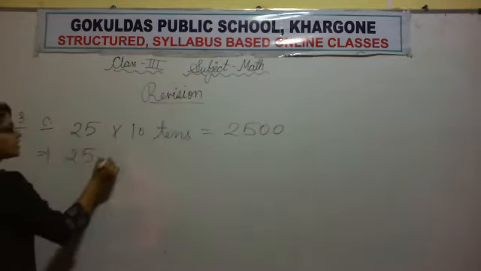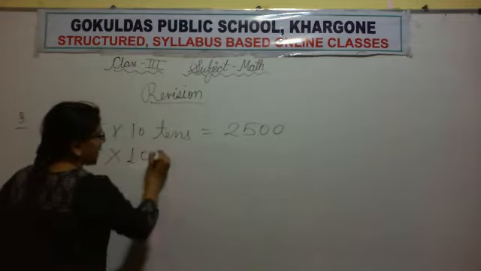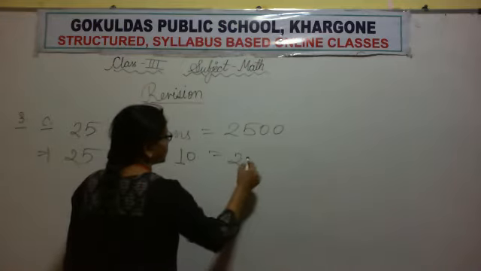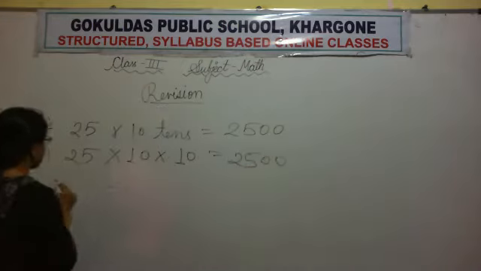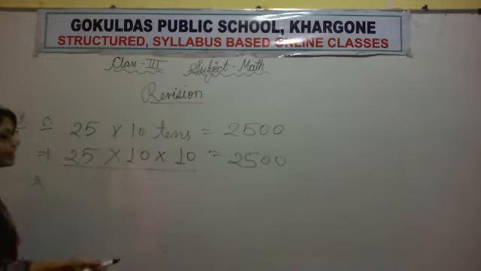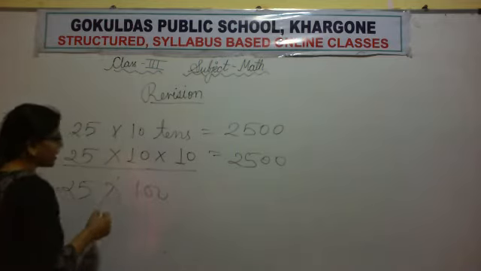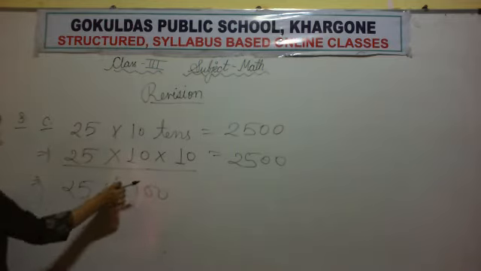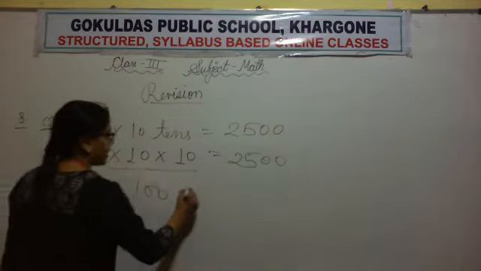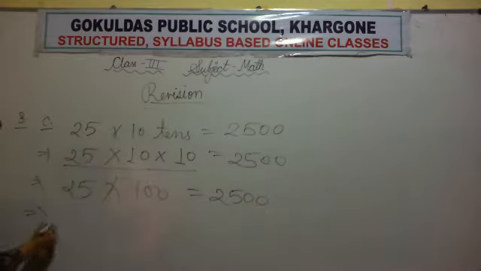So let's solve it. 25 as it is into 10 tens. 10 tens we can write as hundreds. We know that 10 tens are 100. The meaning of 10 tens is 100, or 10 tens are also 100 by the table of 10.